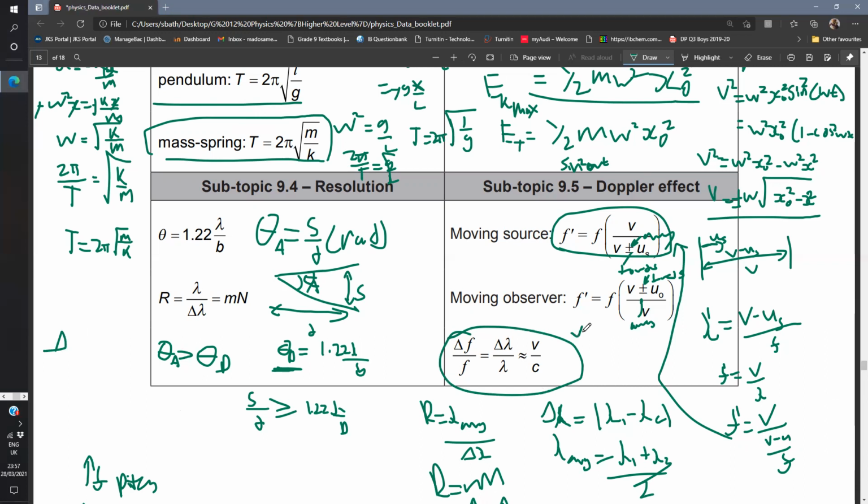And we notice that v is going to be way less than c, because c is the speed of light. We basically derive this formula from c and lambda. And that's basically subtopic 9.5 for the HL students.